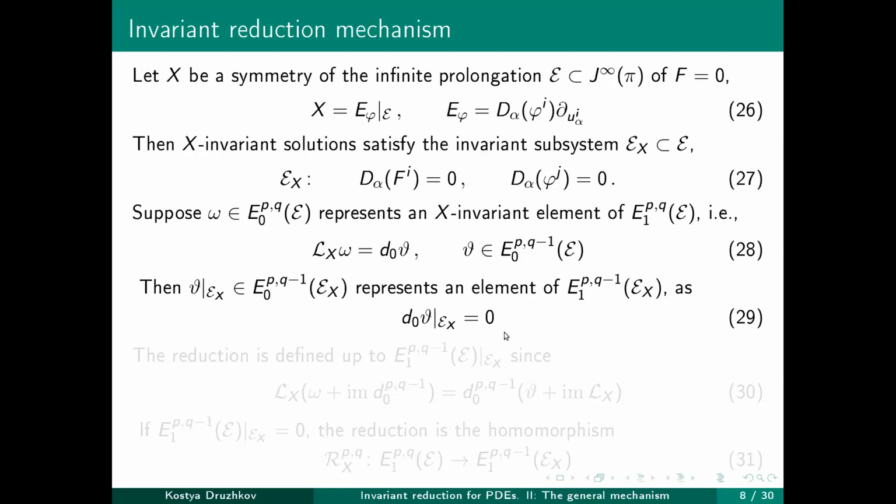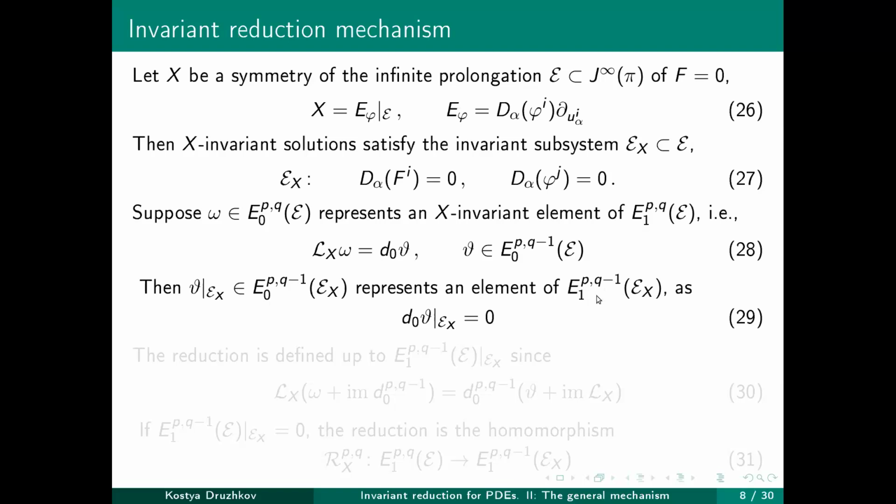If we take an X-invariant element on the first page of the Vinogradov spectral sequence for the original equation, it generates an element on the first page of the Vinogradov spectral sequence for the invariant subsystem, but its horizontal degree is reduced by 1. In this case, we say horizontal degree in terms of this spectral sequence, without any quotes.